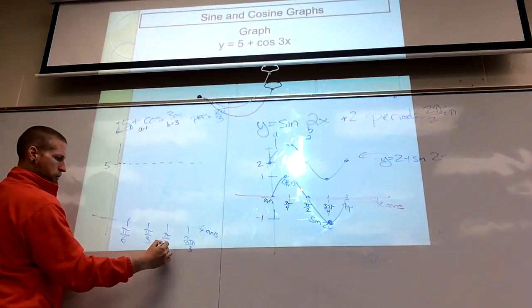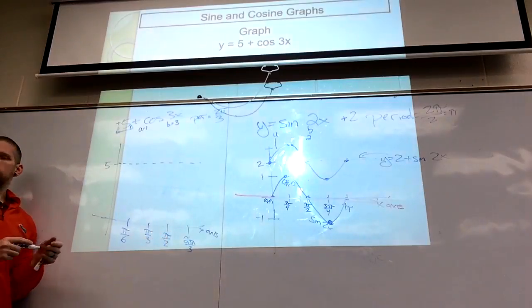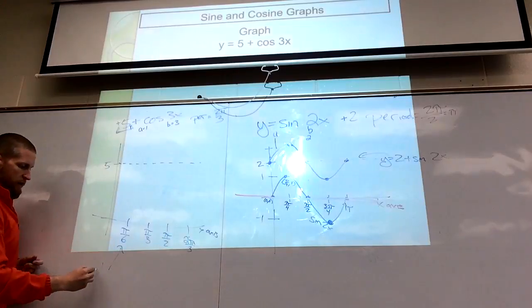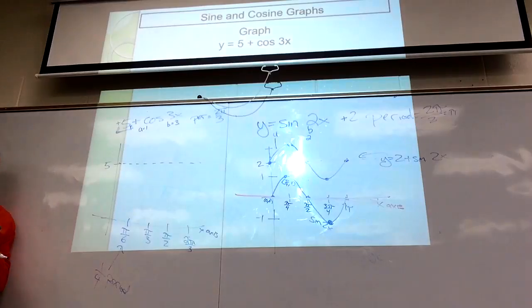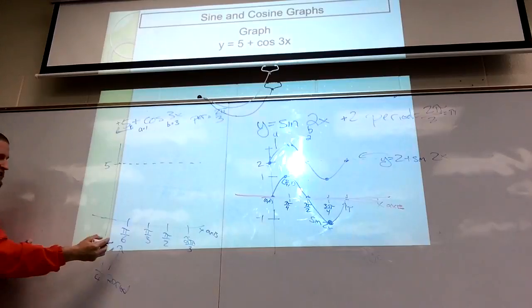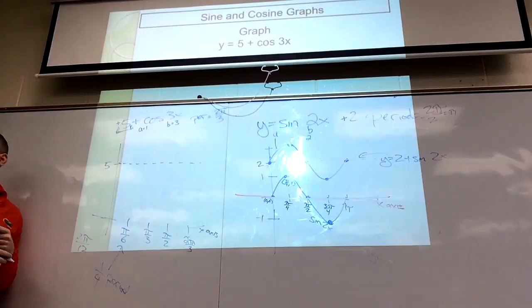Pi over 2. How do you figure out those numbers? That number there is always 1/4 of whatever your period is. Always. So you just times 2 pi over 3 times 1/4? Yes. So it's 2 pi over 12, but you want to write it as the reduced thing.